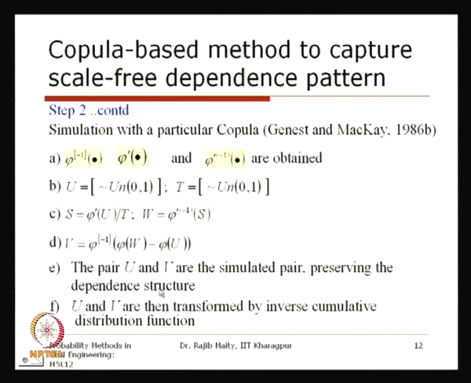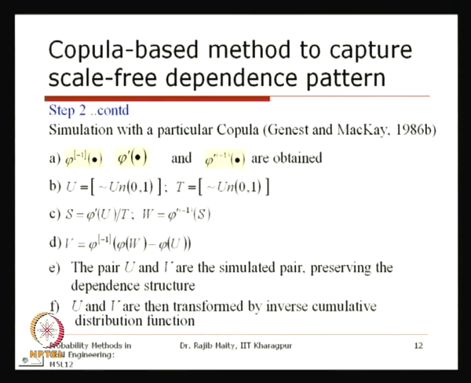Now, this dependent structure here means that through the parameter theta, which is there in the generator function, u and v are transformed by the inverse cumulative distribution function to get them in the original scale. This original scale means that we have two data sets which may follow some distribution, it may be normal, log normal or gamma, whatever.